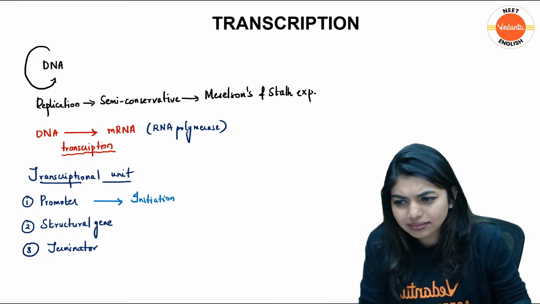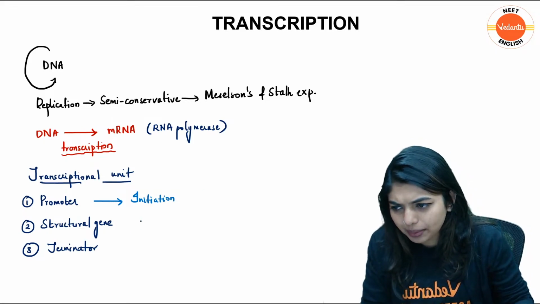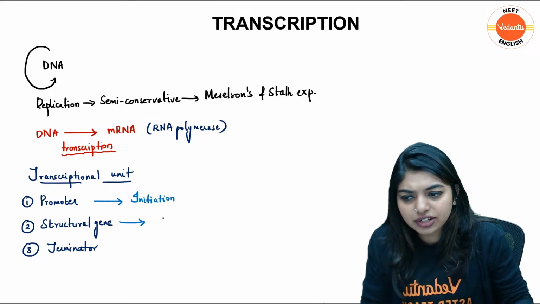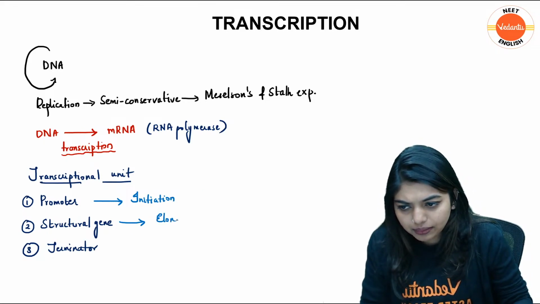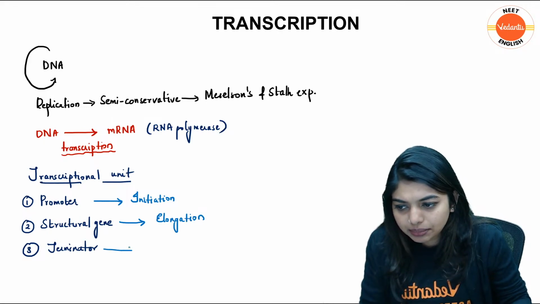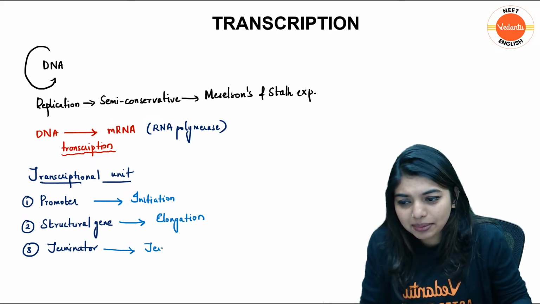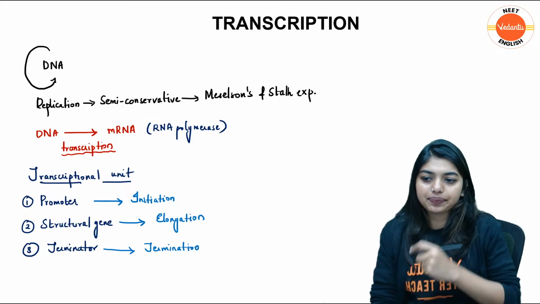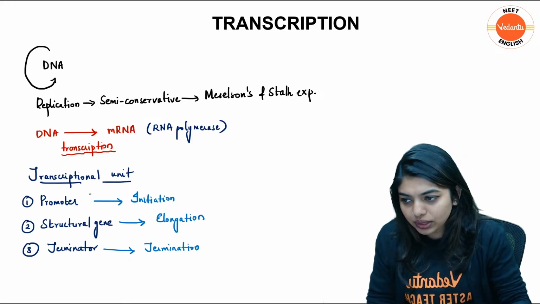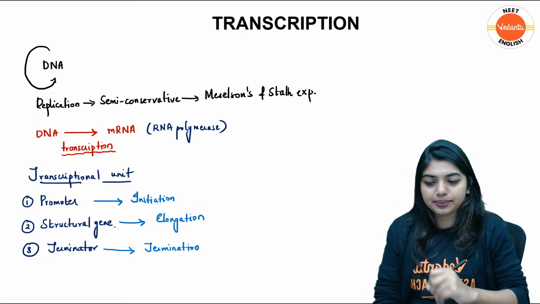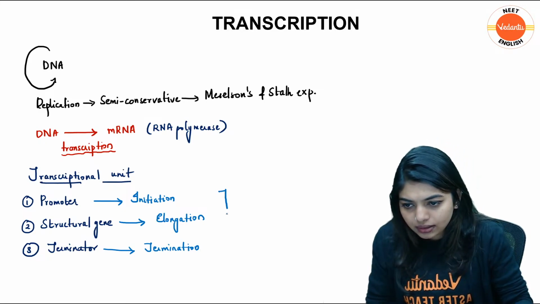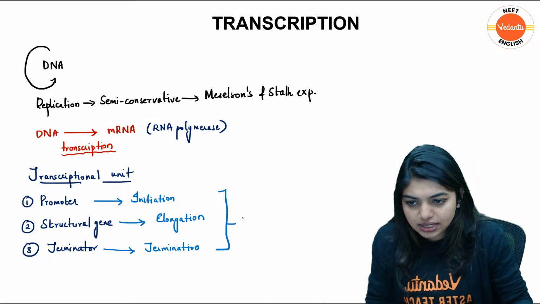In the structural gene region, elongation will happen. In the terminator, termination will happen. Simple. So this is the unit, and this is the process that takes place in transcription.